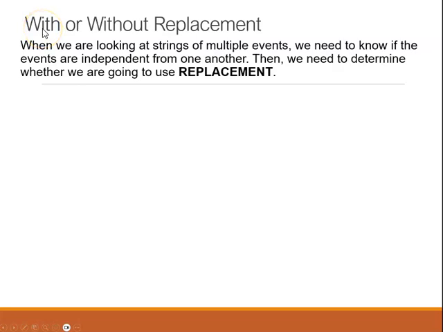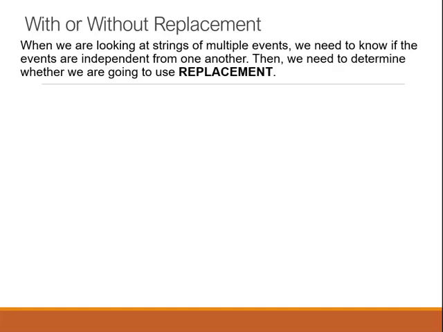So oftentimes the key word to deciding whether a situation is independent or dependent is whether there's replacement going on. So whether you're drawing names out of a hat or drawing cards out of a deck or picking clothes out of a closet, if you're replacing the clothes or the names or the cards after you've drawn one, if you put it back afterwards, you still have independence.